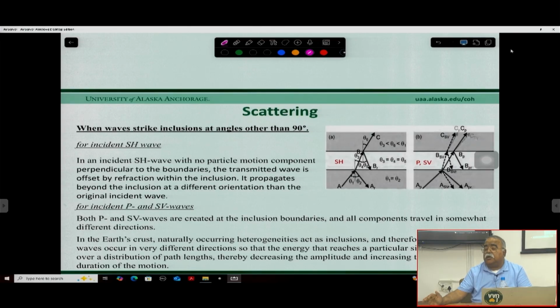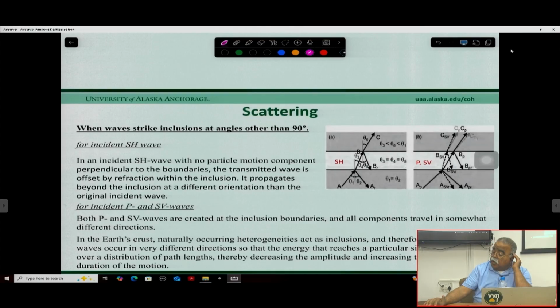As I told you, at each point in the space, an S wave can be generated and a P wave can be generated, and whenever an S wave is generated, there is a possibility of SH waves and SV waves, right?